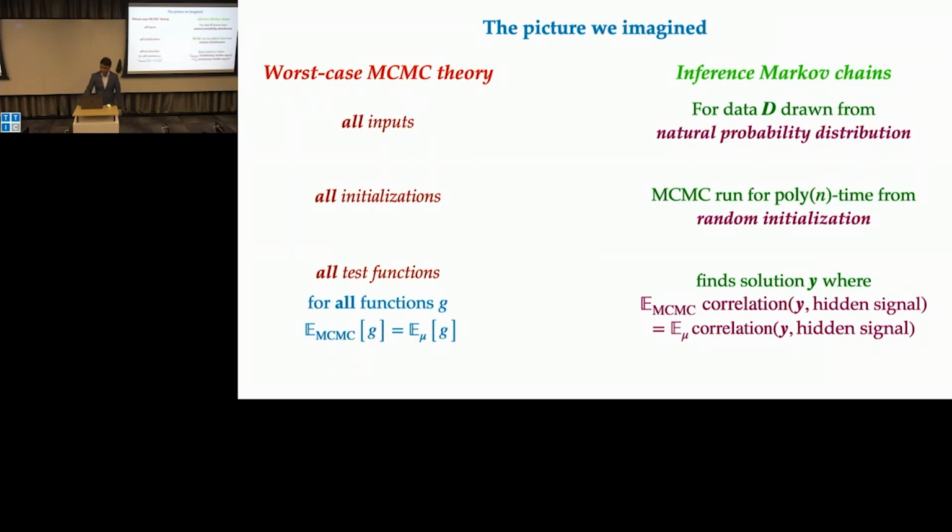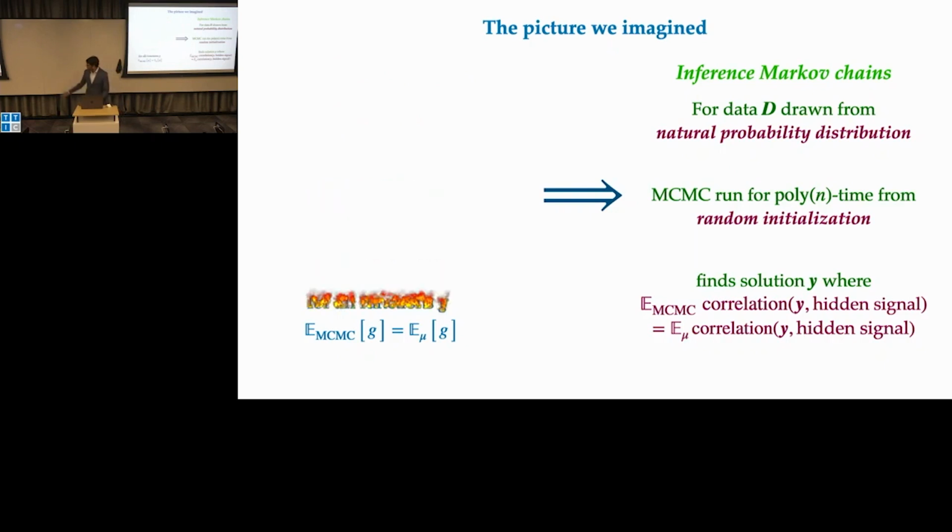So if you could establish the criteria on the left, then that's amazing because you do get all the things on the right for free. But actually, none of these things are true for a lot of Markov chains that arise in inference.